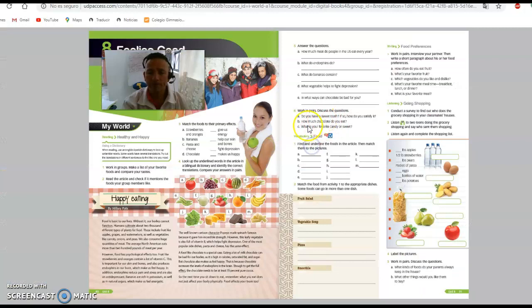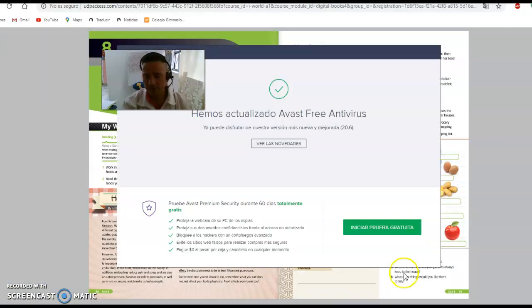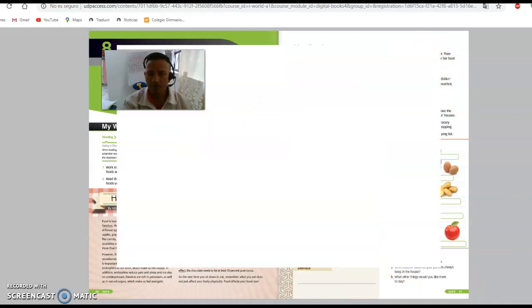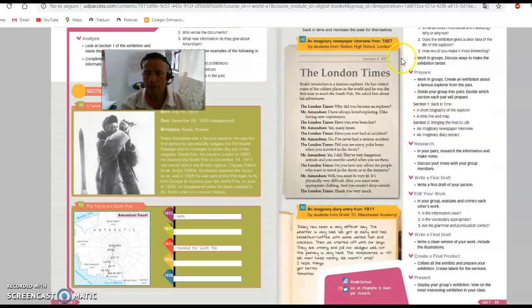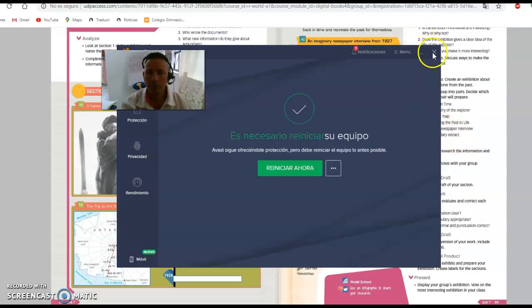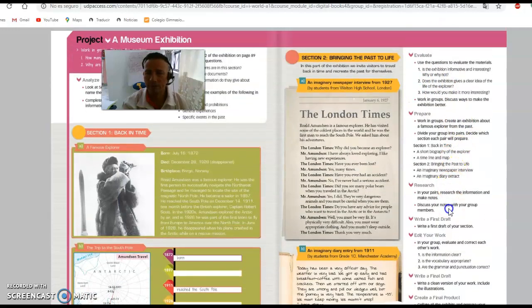So according to this, remember, what you need to do is prepare. Before you go to investigate the famous explorer, think about these questions, and then you can get an idea how to investigate better.